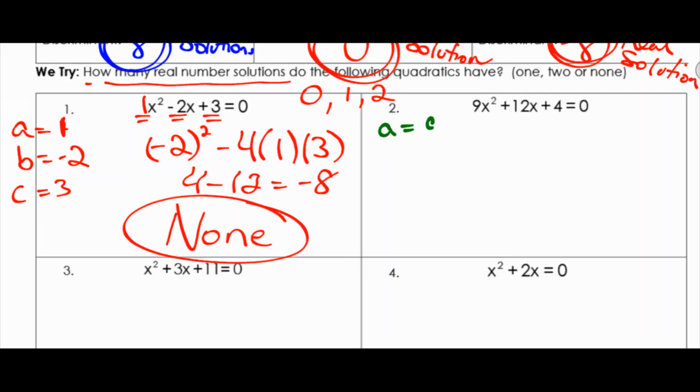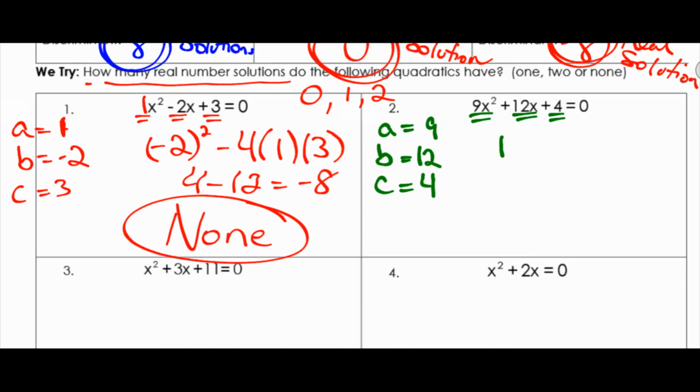Number 2, my A is 9, my B is 12, and my C is 4. There's going to be times when you might need to rearrange this equation into standard form, so it should look like this, where the x squared is first, the x is second, and then the constant comes third, and it's equal to 0. That's really important, that this equation equals 0.